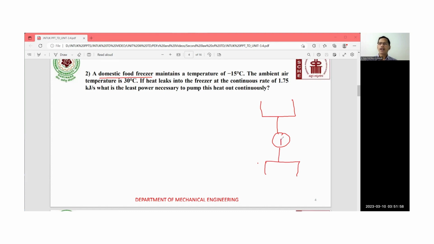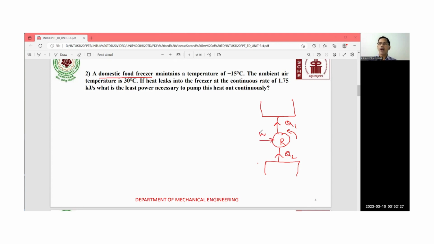See here the directions; these directions are very important. Just the Carnot heat engine directions are reversed, so we can call it a reversed Carnot heat engine.